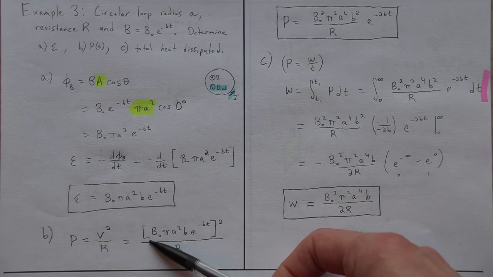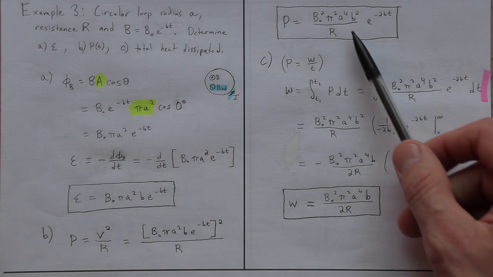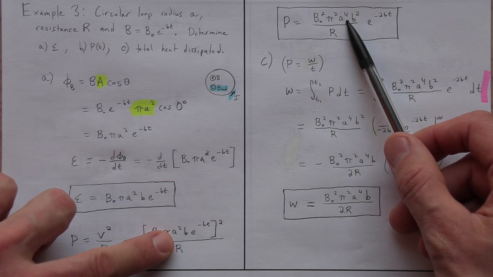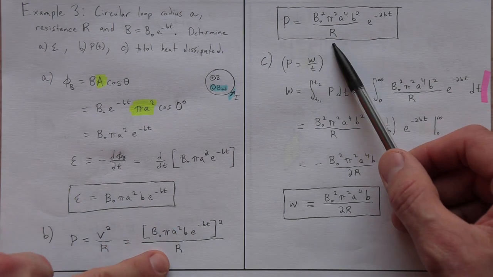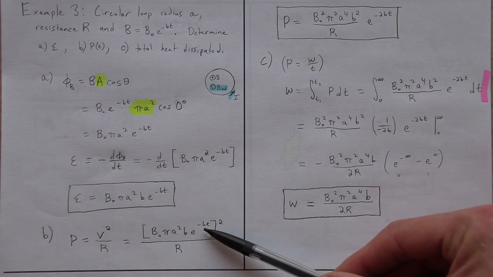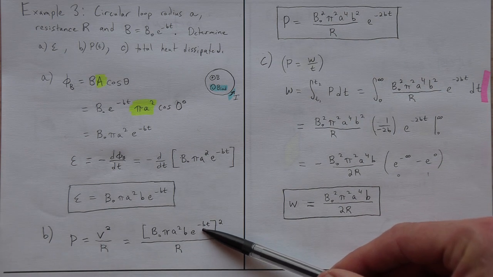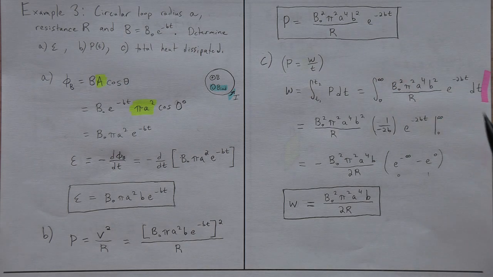Notice all the constants squared over here: B squared, pi squared, a to the fourth, b squared, and then the R wasn't squared. And then the exponential gets squared too, and the way you do that is instead of e to the minus bt, it's e to the minus 2bt. Okay, so there's the power.